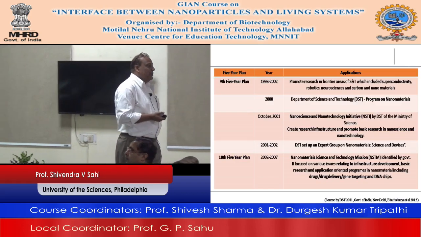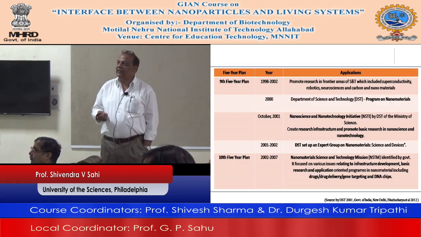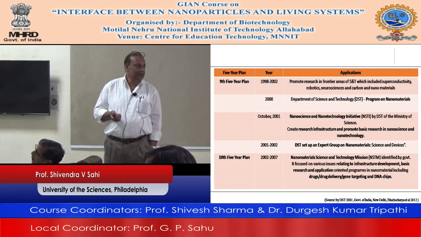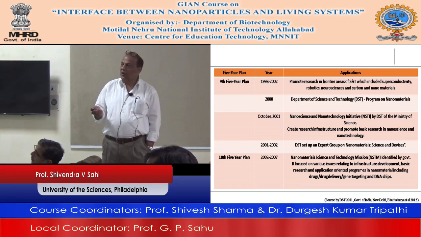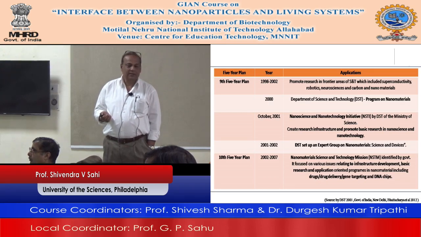Here is some of the plan, the 5-year plans in India. The 9th 5-year plan, these are some of the timelines. You can look here, in 2000 the program on nanomaterials started in India. After that, slowly, the Nanoscience and Nanotechnology Initiative came out from the Department of Science.